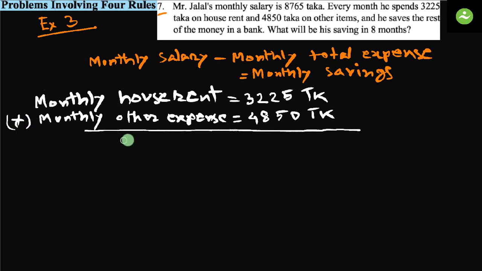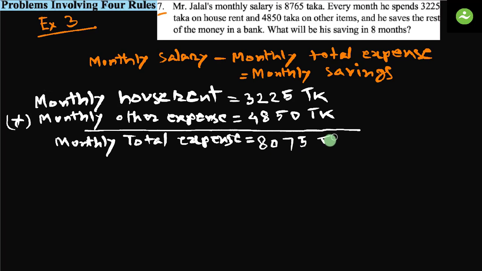So we add: monthly total expense equals 5, 7, 0, 7 and 1, 8. 8,075 taka. This is the total expense. Now we can get the monthly savings.